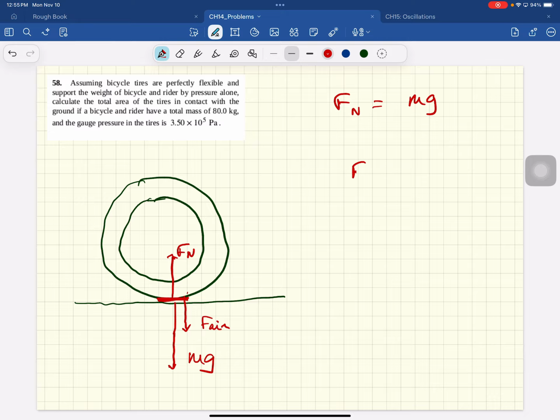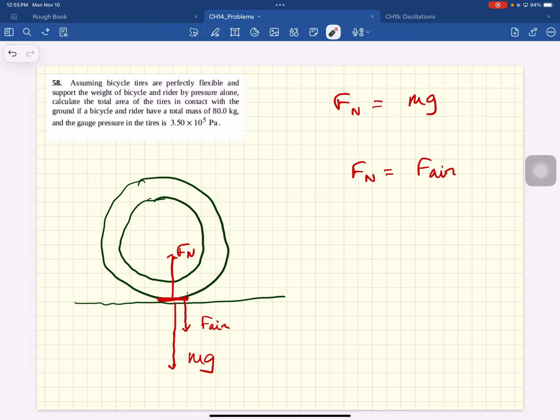Well, I didn't quite draw everything there. The air inside is pushing on this piece of rubber, and the air outside is also pushing on this rubber. Even though this sheet of paper is sitting on the table, the air underneath is enough to push it up. Okay, just like that.